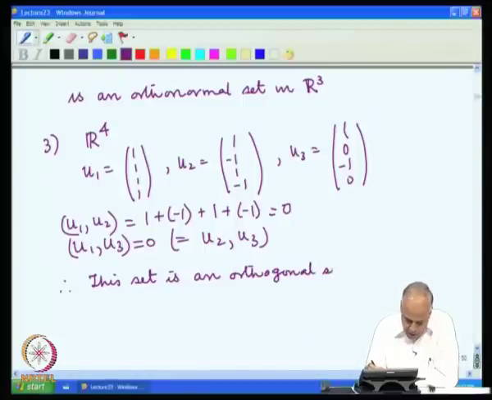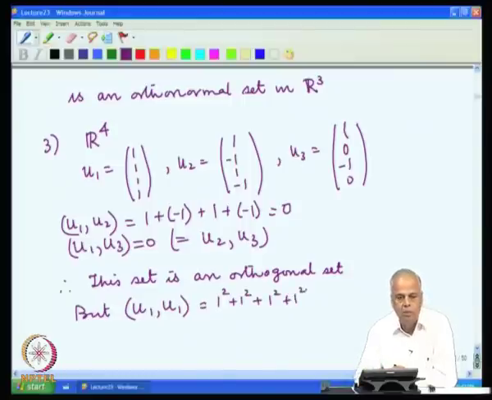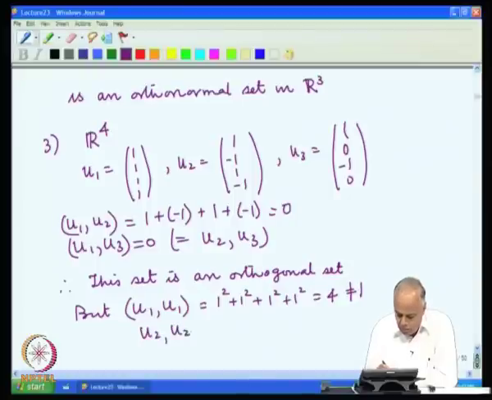This set is an orthogonal set, but the length of u_1 squared, which is the inner product of u_1 with u_1, is 1 squared plus 1 squared plus 1 squared plus 1 squared, the sum of the squares of the components, which is 4, but we want it to be 1 for normality. So it is not 1. Similarly, the inner product of u_2 with itself is again the sum of the squares of the components, 4, which is not 1.